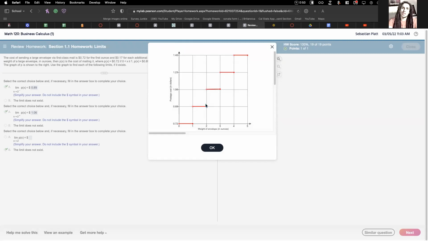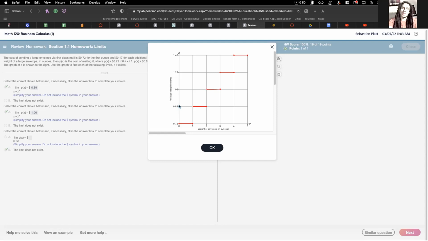It's not going to be 1.06 because at that point 2, that line stops right at 2. But here, this line stops at 2 right here. And if you go to the left, you see that our y, or the postage cost, is 89 cents.